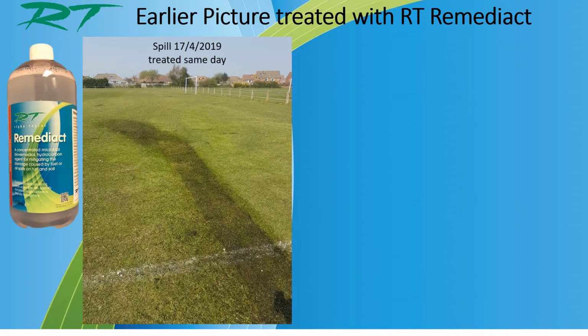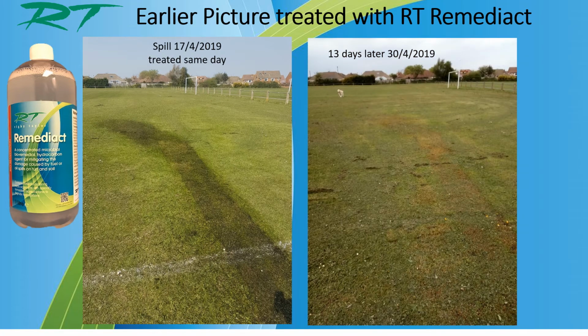So we looked at the picture earlier. This spill happened on the 17th of the 4th. These guys were able to spray the area later on that day with Remediact, and if you look 13 days later, you can still see the area where the turf was contaminated, but it's well on its way to recovery.